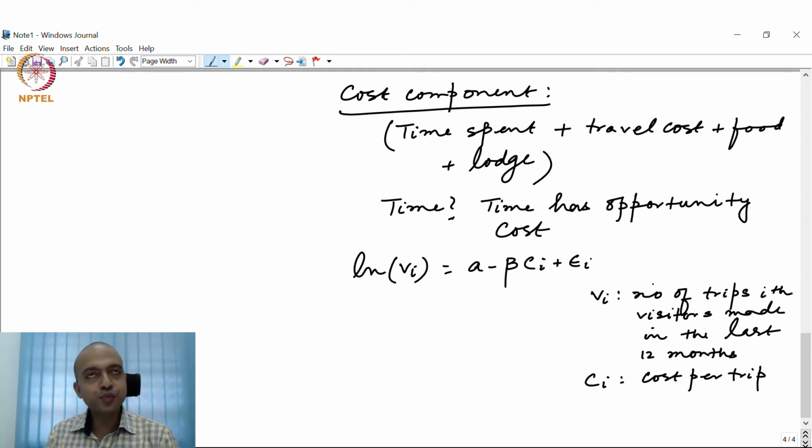So we can easily estimate this function if we collect information from thousands of such visitors. Now the question is, after estimating this function, what is the value of that park? Our intention is to estimate the economic value of that park. So what is the economic value?